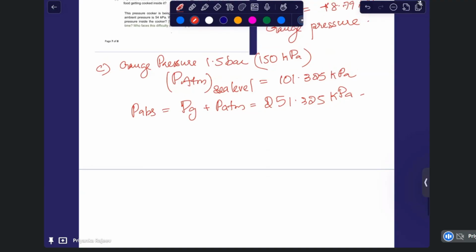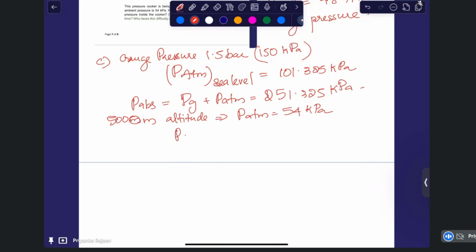Now at 5000 meter altitude, ambient pressure P atm, they are saying it is 54 kilopascal. So it is approximately half.